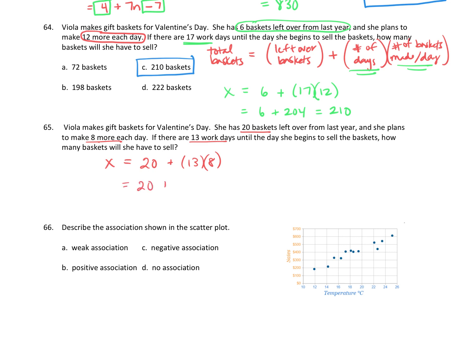All right, so 20 plus, let's do the multiplication first. 13 times 8 is 104, and then 20 plus 104 is 124. So she can make 124 total baskets.